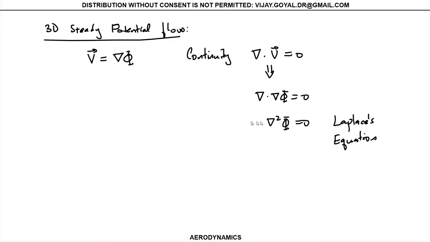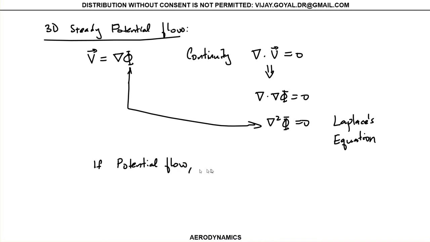So this is very good, but that means that whatever potential flow you use, whatever approximation for the scalar, has to be such that it satisfies this. And if it satisfies the Laplace equation, then it means that it satisfies continuity. The other thing is, if the flow is potential, then it is irrotational.